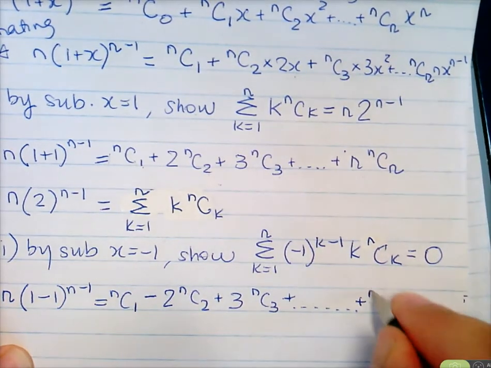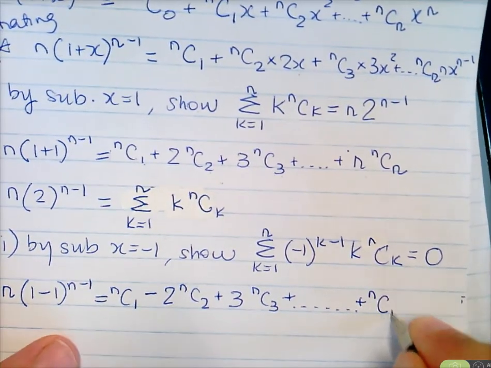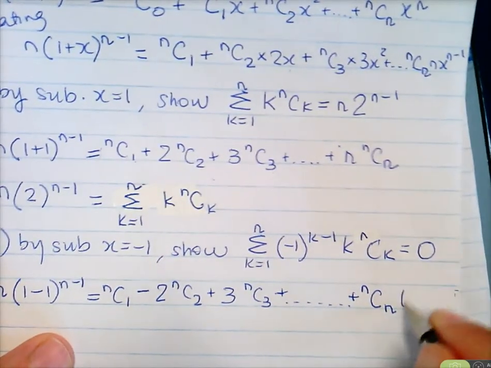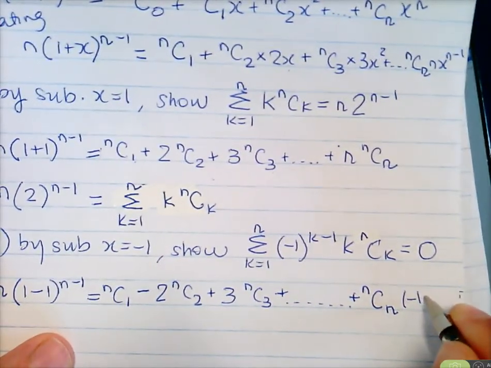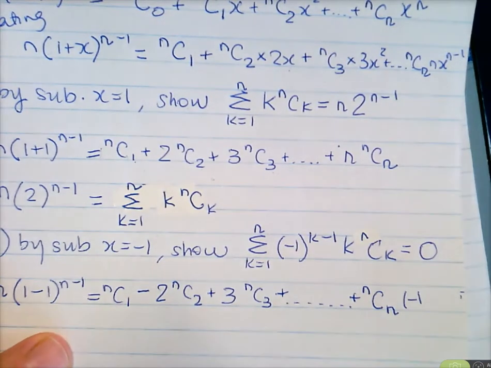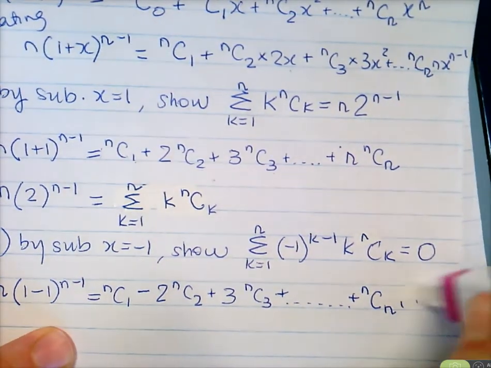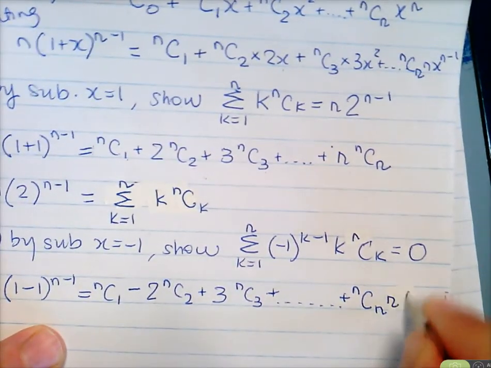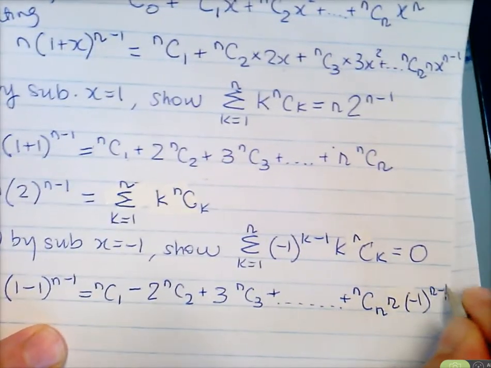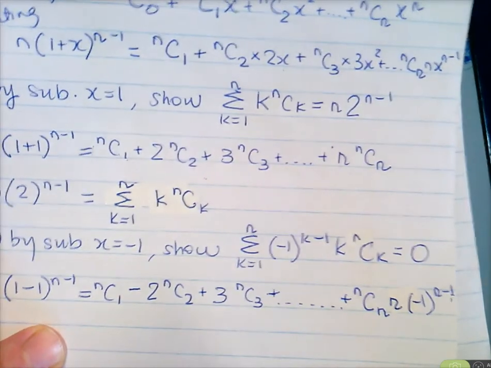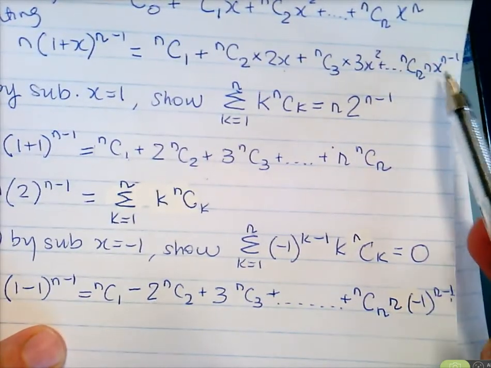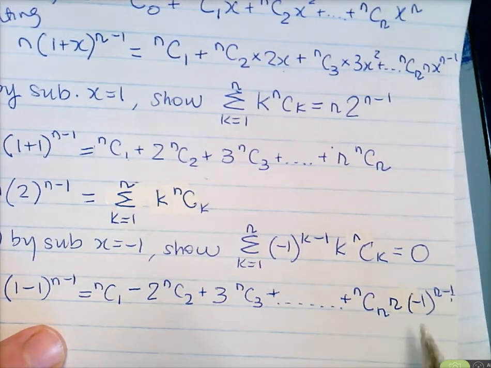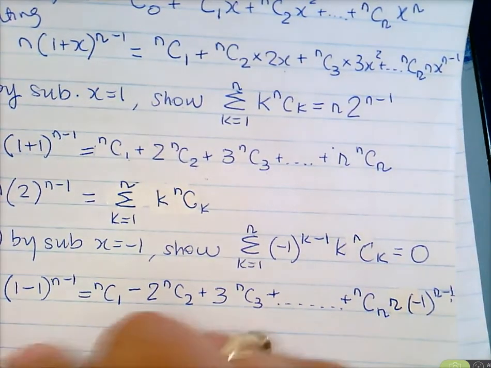It's nCn times n times (-1) to the n minus 1, because it's nCn times n times x to the n minus 1, and I'm substituting x is -1.